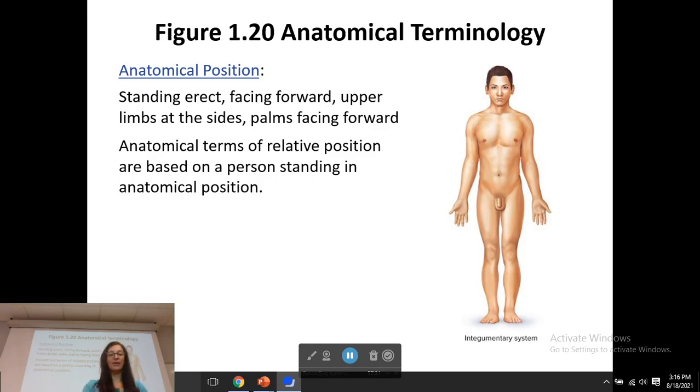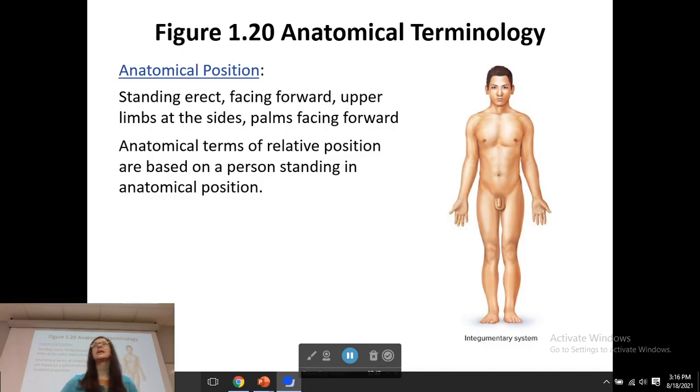So even if, let's say we have a patient laying down on a bed, maybe face down, we would still refer to their body parts as if they were in anatomical position, okay? Let's say we have a specimen that we are dissecting.